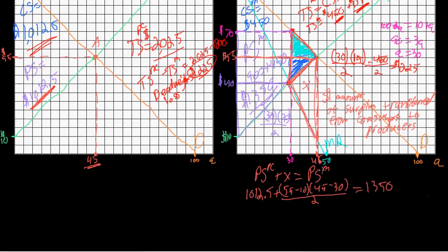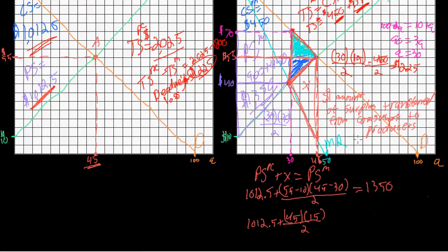So adding these together, we get 55 minus 10 is 45, times 45 minus 30 is 15, over 2, plus 1012.5. So 45 times 15 is 675, divided by 2 is 337.5.